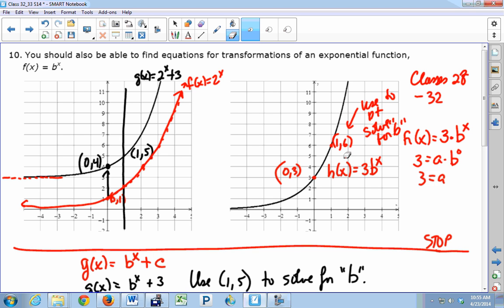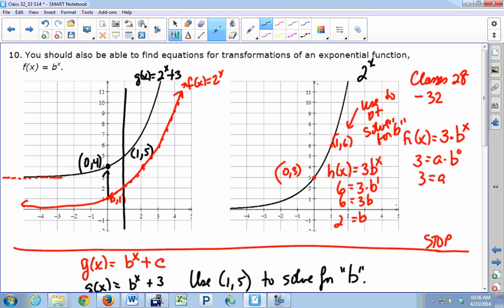So this tells me that the value of my function is 6 when x is 1. So 6 equals 3b. So what's b equal to? 2. So this black function here is a vertical stretch by a factor of 3 of my basic function 2 to the x. And that's how you figure it out.